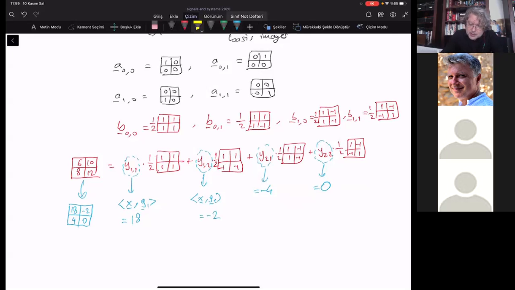If you just, for example, make a lossy compression by chopping off signals, suppose that you drop this 12, because we don't have a bandwidth to transmit 4 values, 4 integers. We have a bandwidth to transmit only 3 values. It requires a 3 to 4 compression. So we get rid of 12. How much error do we make?